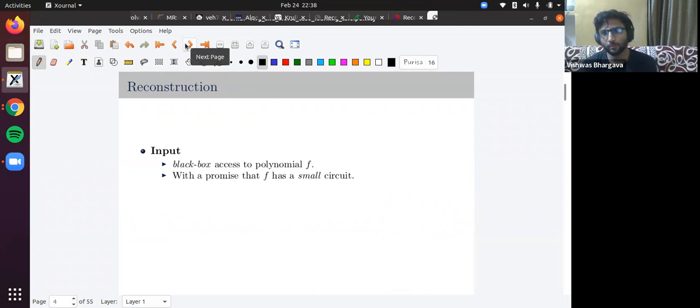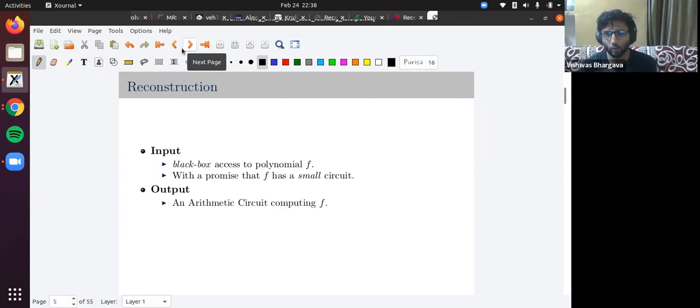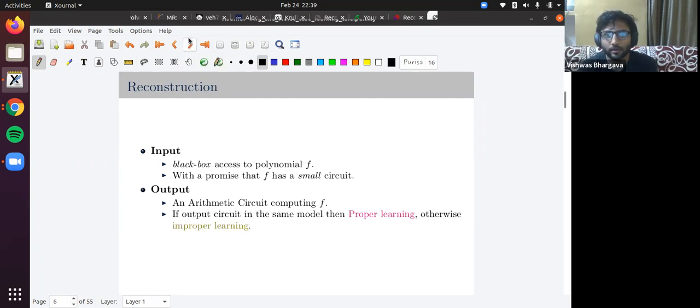Along with that, you're given a promise that this polynomial has a small circuit, and this could be of a particular class, let's say a depth 3 circuit or something particular. What you want to output is an arithmetic circuit computing f, and if your output circuit turns out to be of the same class from which the input was promised, then it's called proper learning, otherwise improper learning. In this talk, we'll only be focusing on proper learning.